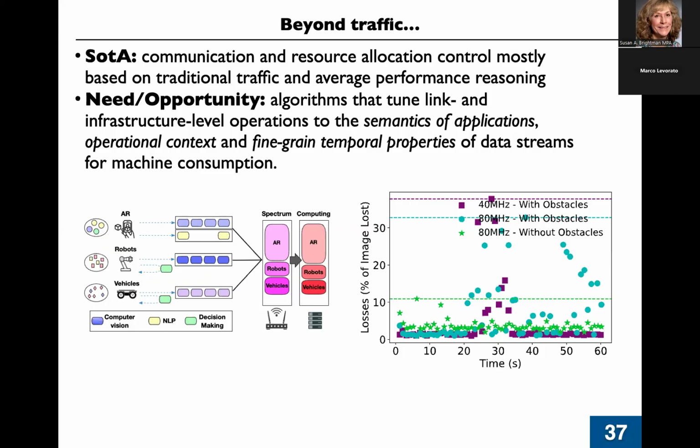So there is one. Especially as a PhD student and postdoc, I was focused a lot on the optimization of wireless protocols in many different ways, from signal processing to actual networking. And even now, a lot of what we do is focused on very simple communication-oriented metrics, which is traffic volume, right?